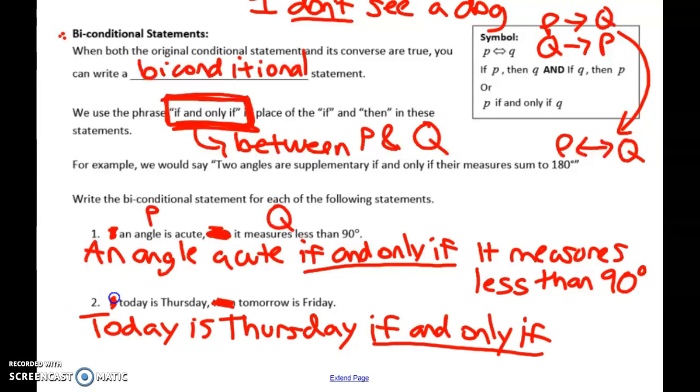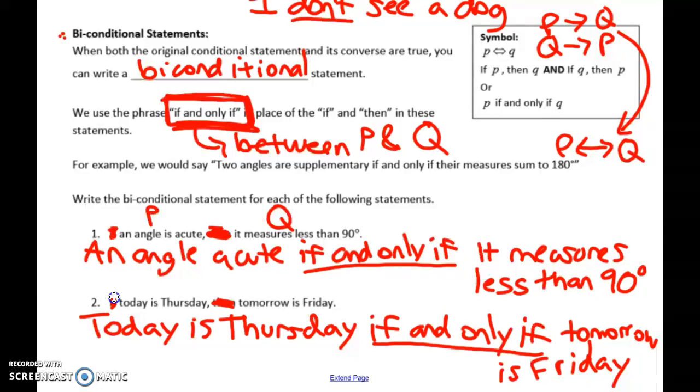And then I'm going to write the second phrase, which is, tomorrow is Friday. Once I have that written there, I realize I've got a biconditional statement. And it works both ways. Today is Thursday does mean that tomorrow is Friday, and tomorrow is Friday does mean today is Thursday. So since it works both ways, that's what we call a biconditional statement.